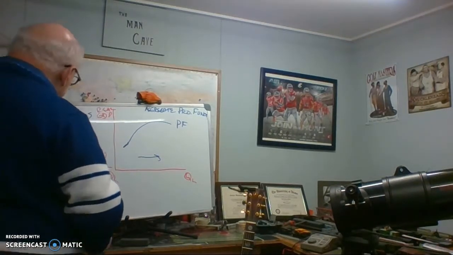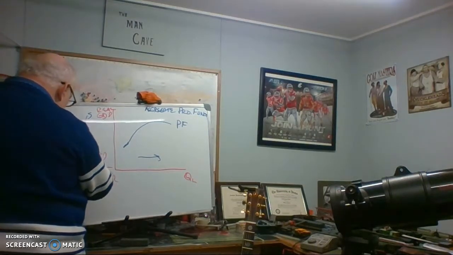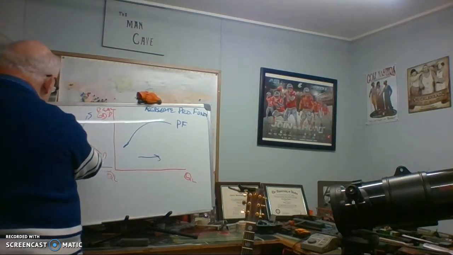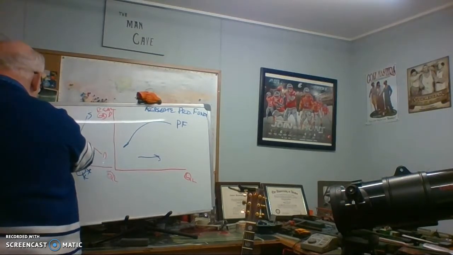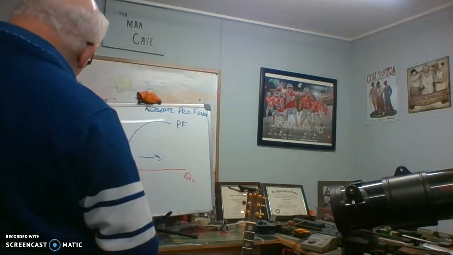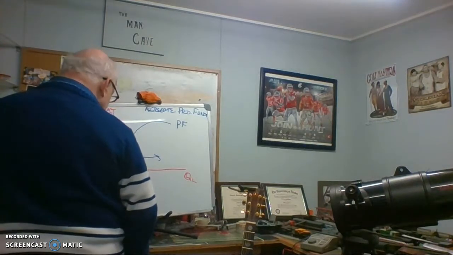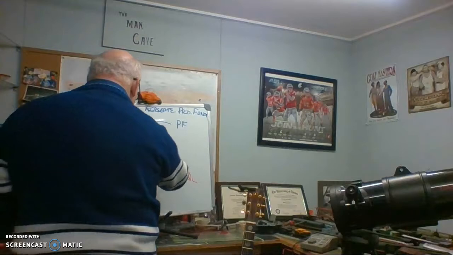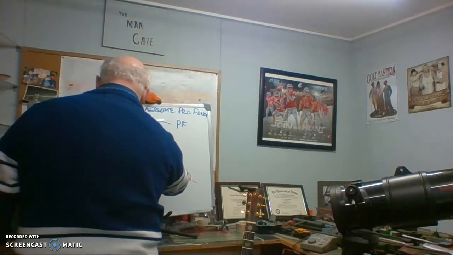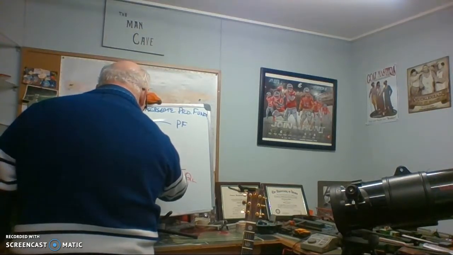At this equilibrium here, this is the quantity of labor, and this is the wage, the wage that is accepted here. So at this level of employment, say Q star L is right there.